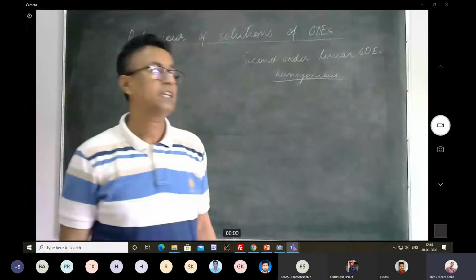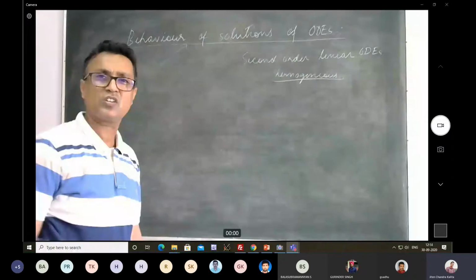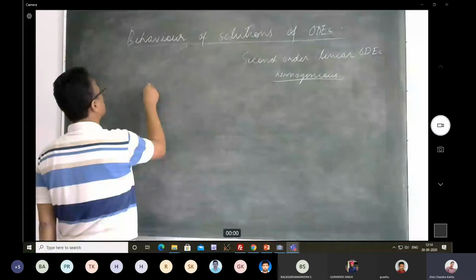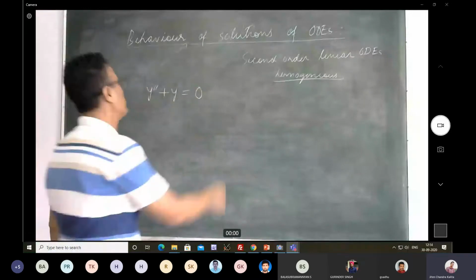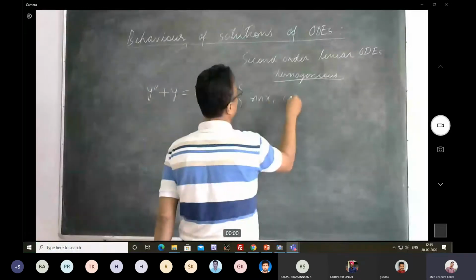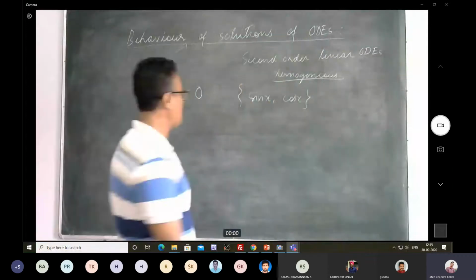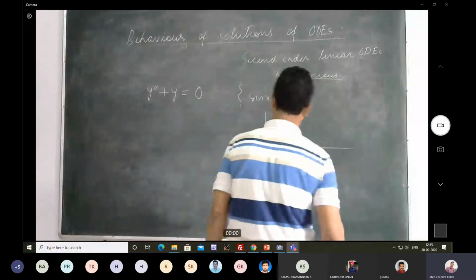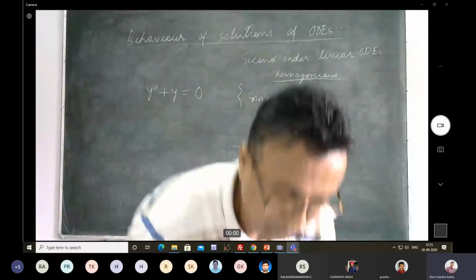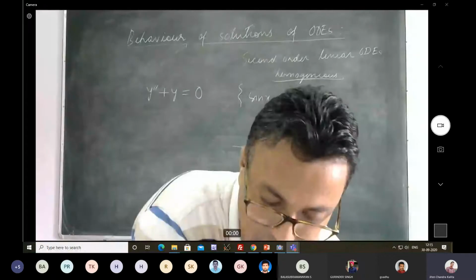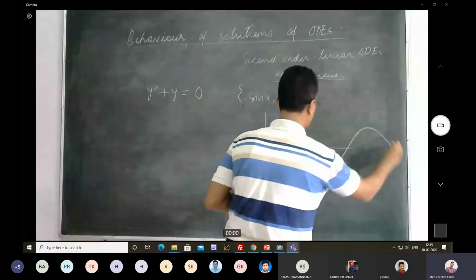So now let us come to the motivation behind this. Suppose, let me take a very easy example here. You know that sin x and cos x constitute a fundamental set of solutions here, right? Now, if I want to plot it, my solution curve is going to look something like this.